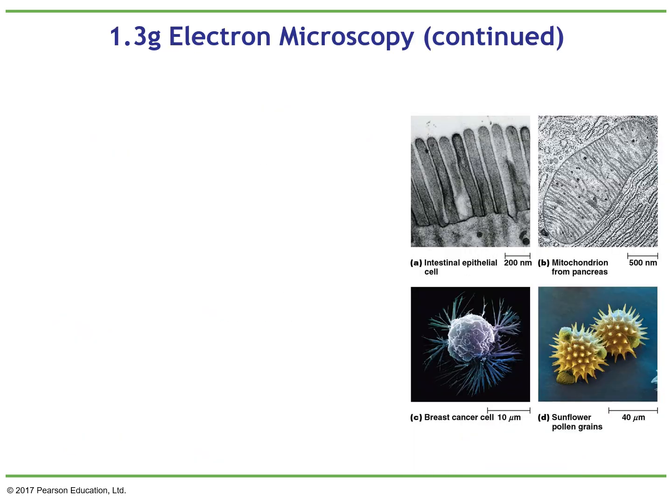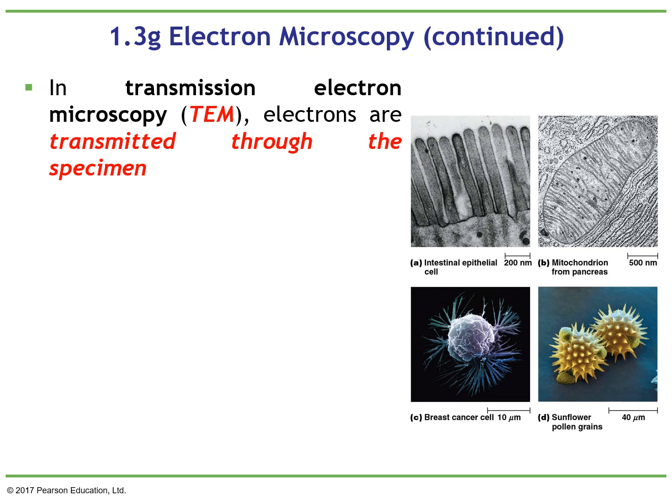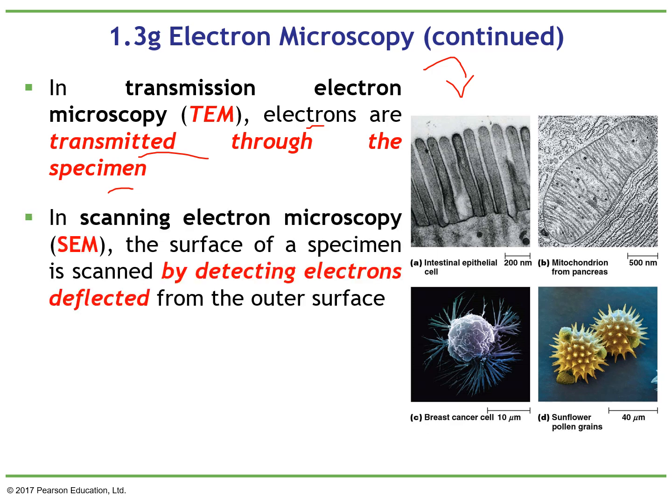Okay, so just to finish, I told you that there are two types of electron microscopy. In transmission electron microscopy, the one that you see here, in two dimensions, the electrons are transmitted through the specimen. If you want to know more about that, in the video there is a lot more information. I didn't want to overwhelm you with more physics about it, but they explain that in that video.